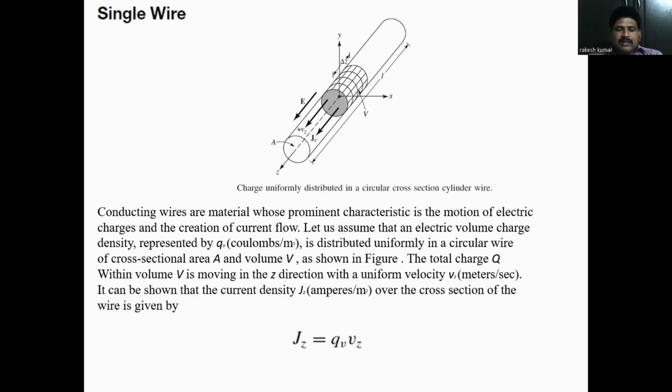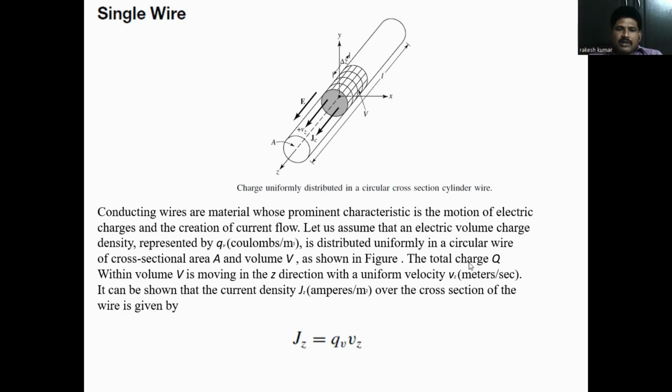Let us consider a conducting wire, a material whose prominent characteristic is the motion of electric charges. Let us assume that this is a single wire. The total area of cross section is A, the length of the wire is L, and it has a volume of V. Let us assume the electric volume charge density is Qv.